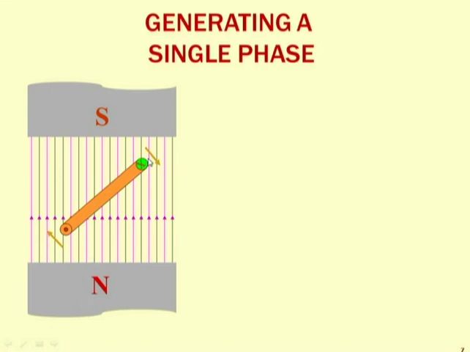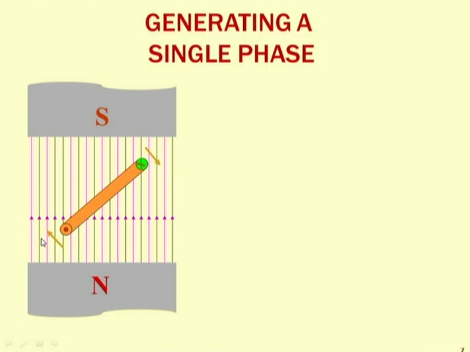Remember, it is possible that the magnetic field may be revolving and the conductor fixed, but right now the magnetic field is stationary and the conductor is moving.